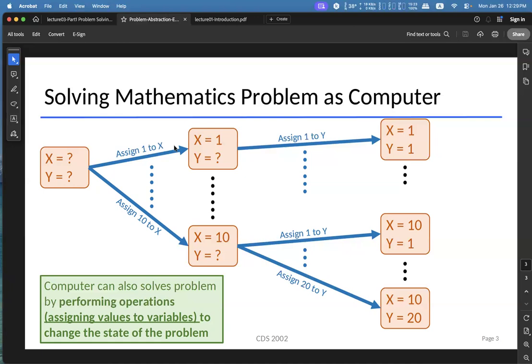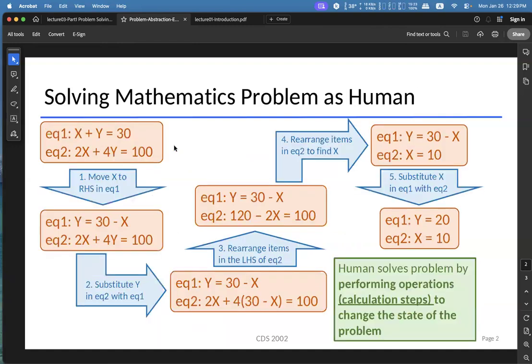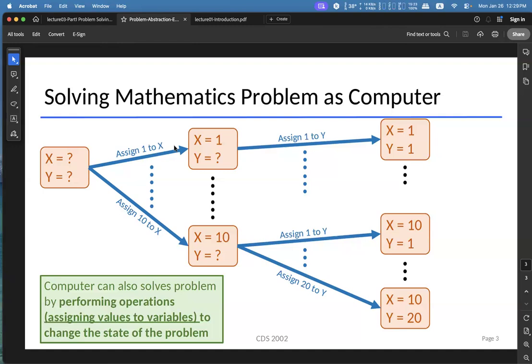One thing I didn't talk about, but I think it's necessary, is that in this problem we actually model the states differently than humans. In humans, the state is defined as the configuration of the two equations. But in computers, we give up on letting computers do all those mathematical operations.